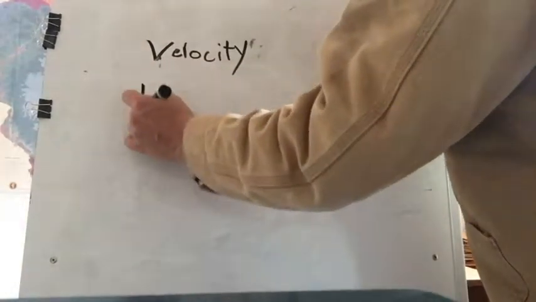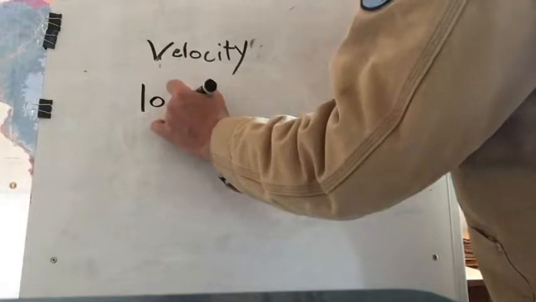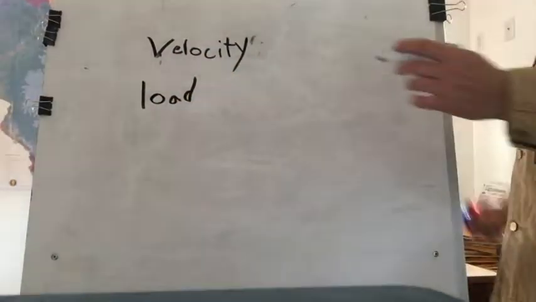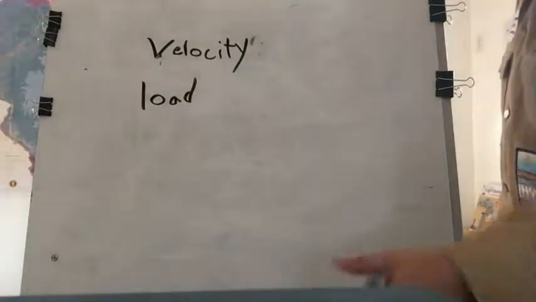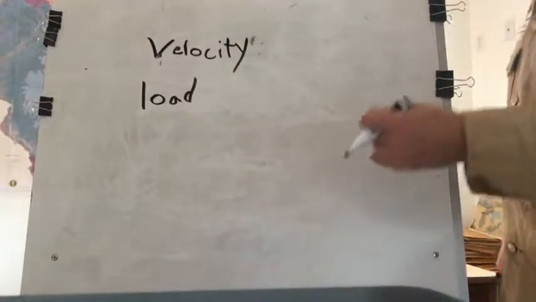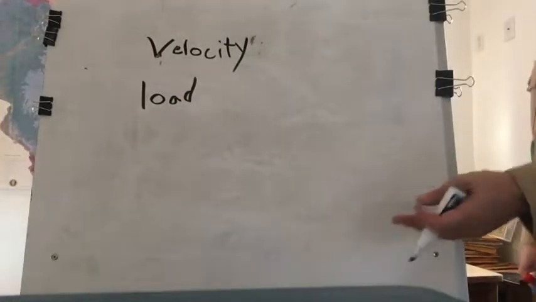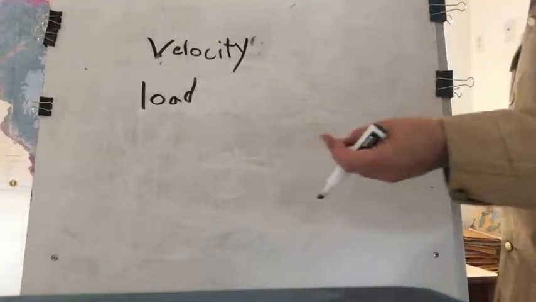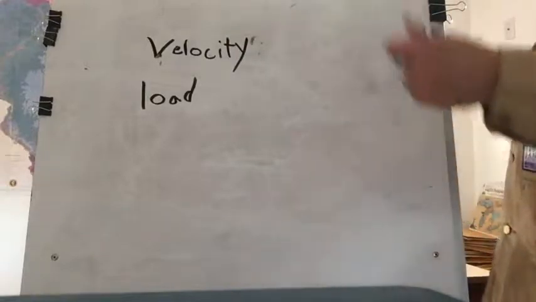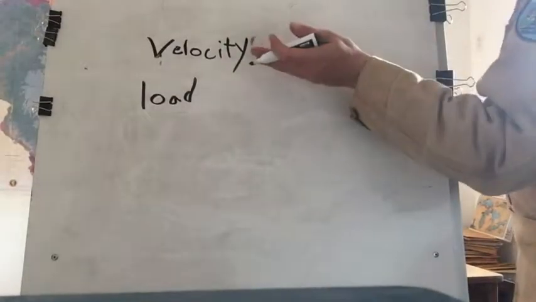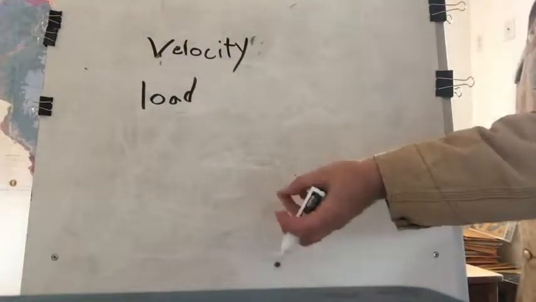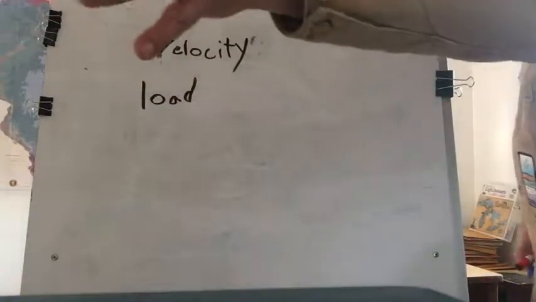The stream's load is important. And what do I mean by load? Well, these two are closely related. The load is what's floating in the water. I'm not talking about the fish or the plants. I'm talking about the sediment, okay? Is it mostly fine clays? Is it mostly pebbles or sand? And that depends on the velocity, because the faster a river is moving, the larger the particles it can carry, and the further downstream it can put them.